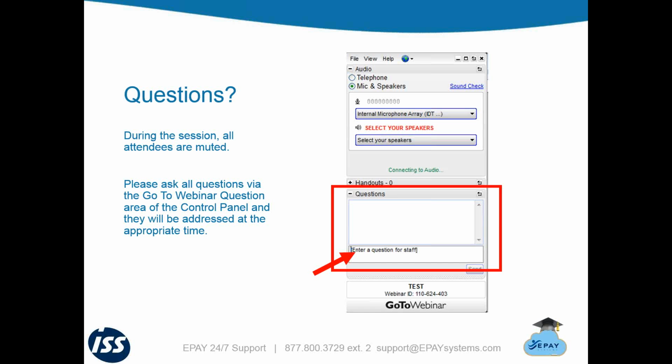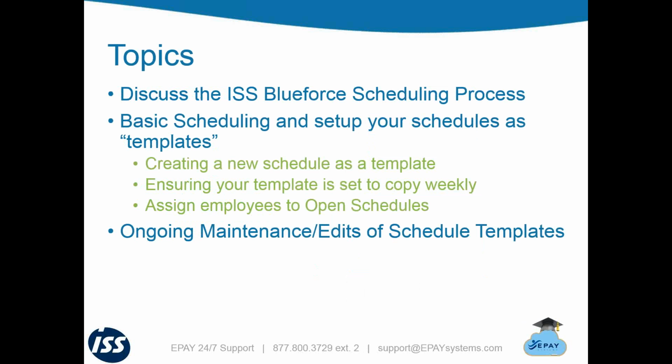Now, as we go through today, I've broken up the course into a couple different topics. First topic was just going in there and discussing the whole entire process, just so you understand how the Blueforce scheduling process works. Then we're going to go in and actually go into basic scheduling and setting up your schedules as templates. So one of the things as we go through here is to understand Blueforce scheduling, everything is based on a template.